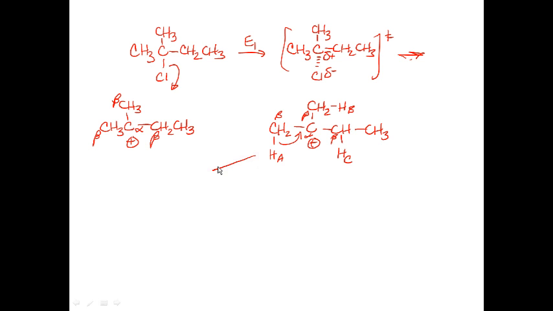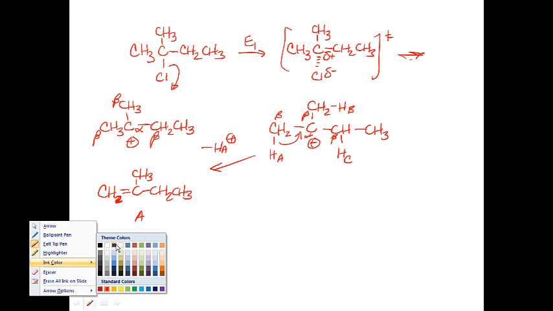So if I come down here and I lose HA plus, I'm going to form the double bond between the first carbon, so let's call that product A. So if I lose HA, pair of electrons moves here, that's going to give me that product.